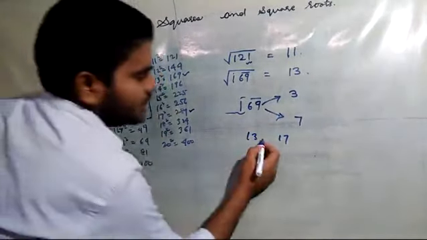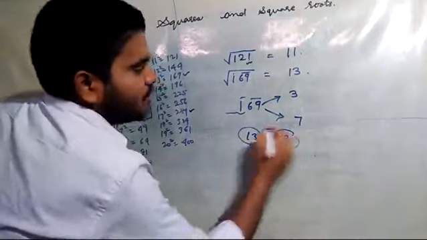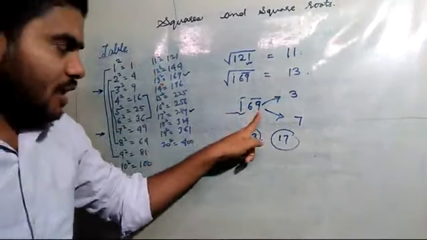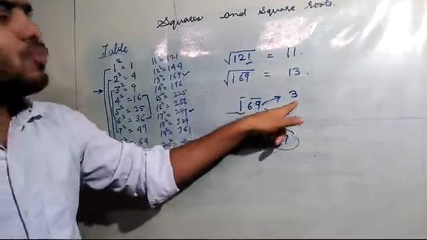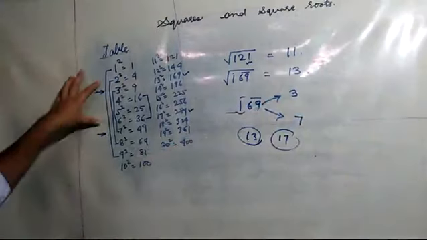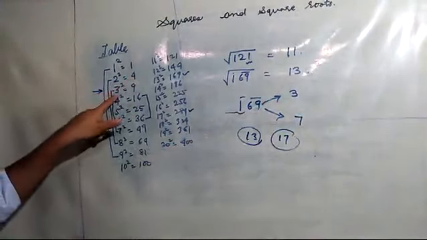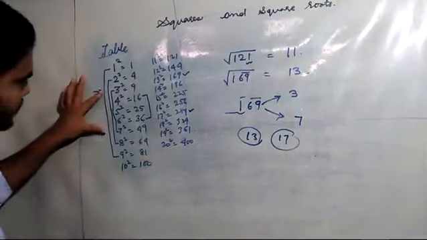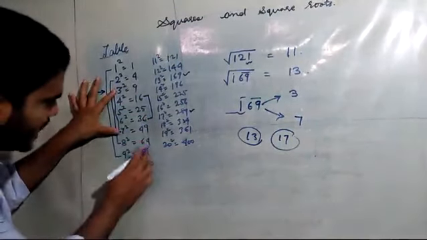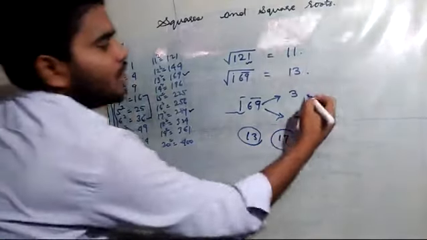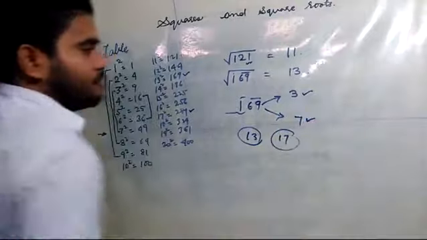I told you 169 is a number whose unit place is 9, so the unit place of the square root will be either 3 or 7, because from this table, from this diagram I am showing you that the square of 3 is equal to 9, and the square of 7 is equal to 49. Other than these two numbers, we don't see any place having 9. So either my unit place will be 3 or 7.